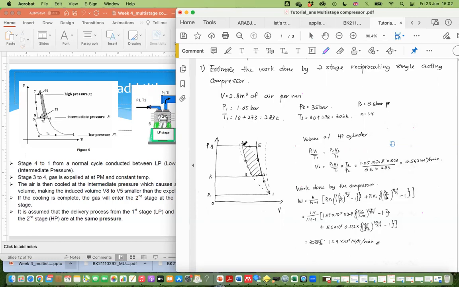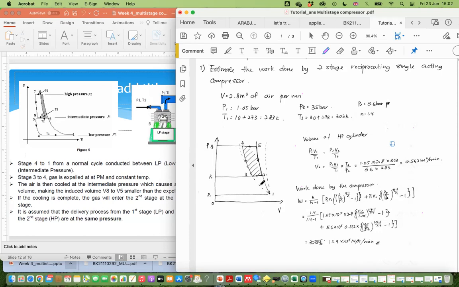You can see that there's a slight error on the arrow, it's okay. So assume that P1 and P2 is the low pressure cylinder. The P2 and P3 section is the high pressure cylinder.